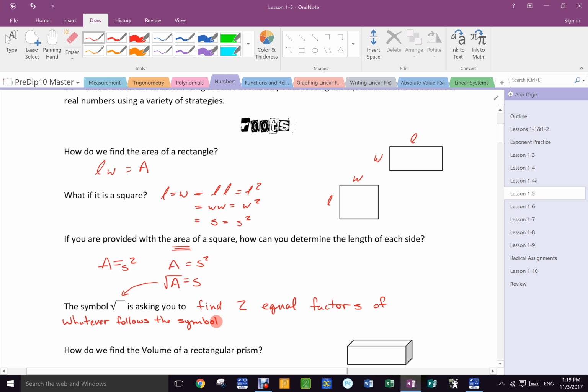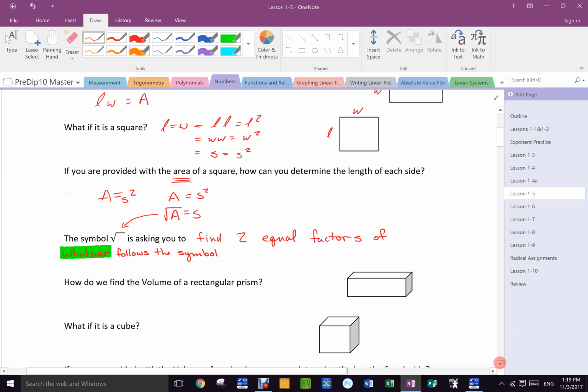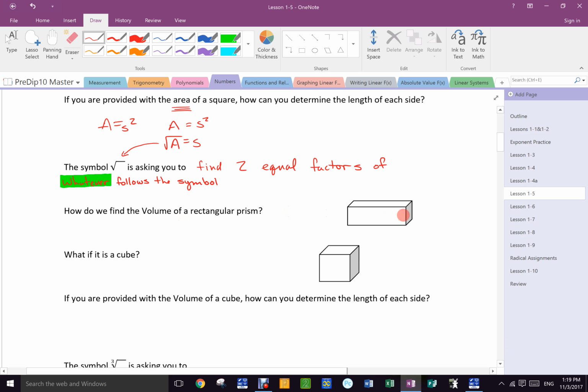Now, please, please, please highlight whatever. It doesn't matter what is under that roof. You are always looking for two equal factors of everything that's under there when you see that symbol. Okay? Okay.